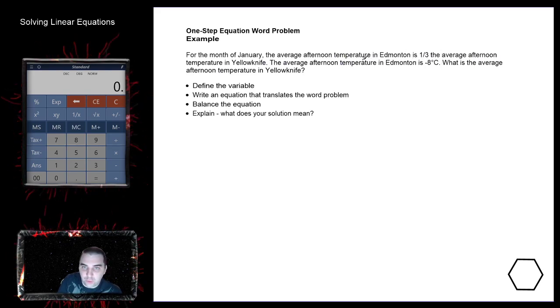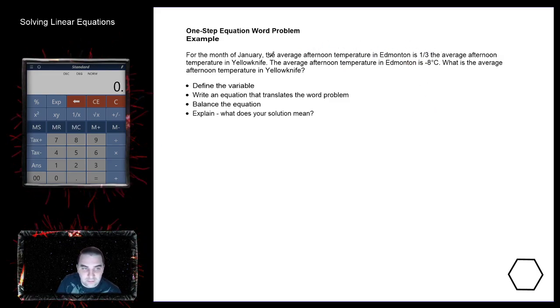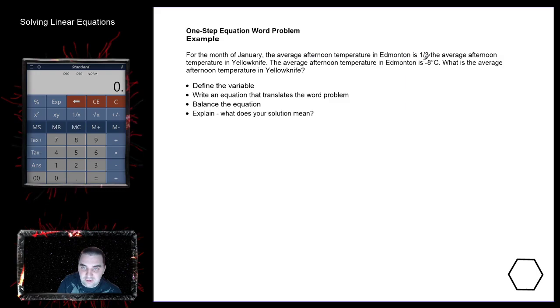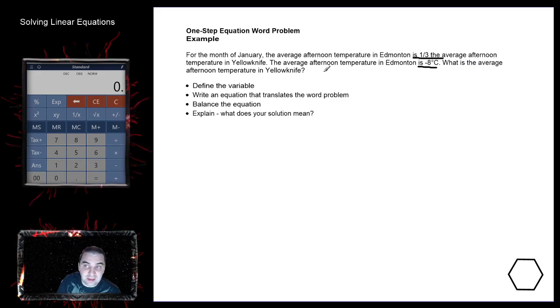I feel like I know these kind of things, right? Average. So let's continue. And the average afternoon temperature in Edmonton is -8 degrees Celsius. What is the average afternoon temperature in Yellowknife?